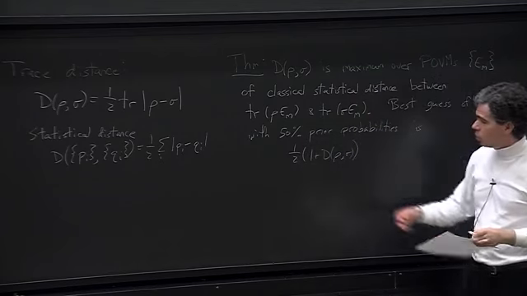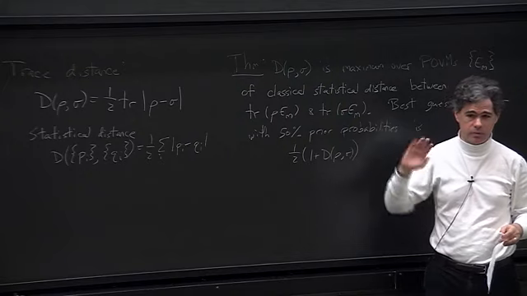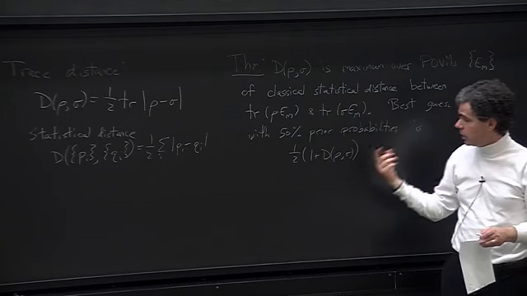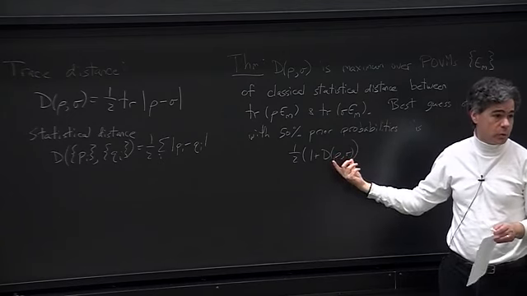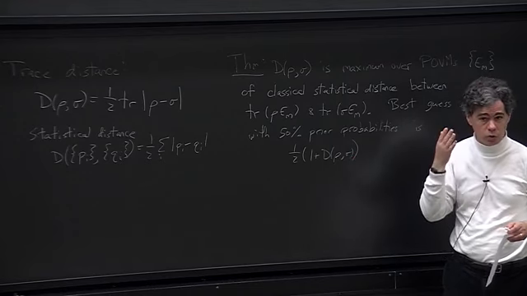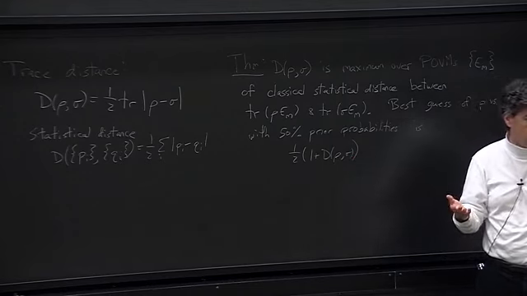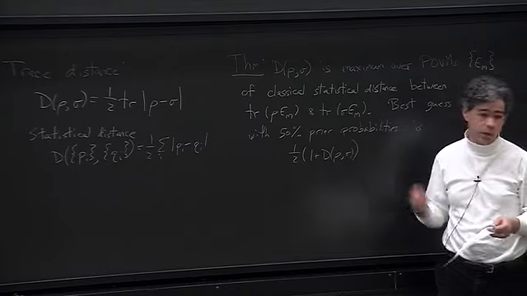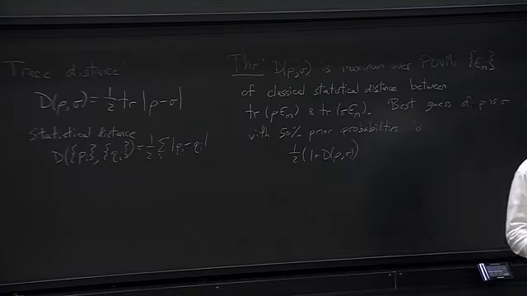You can always do at least a half, right? Because you just don't do any measurement and just guess. But if the states are very distinguishable, if they have a large trace distance, then you should be able to usually or always get it right. Whereas if they're very, very similar, then you should not be able to do much better than a 50-50 guess.